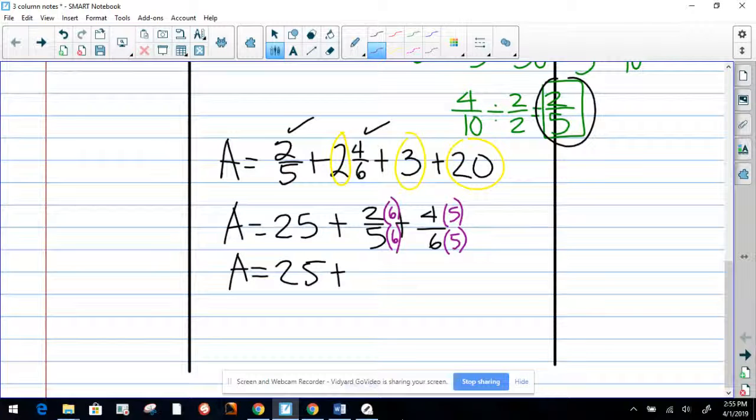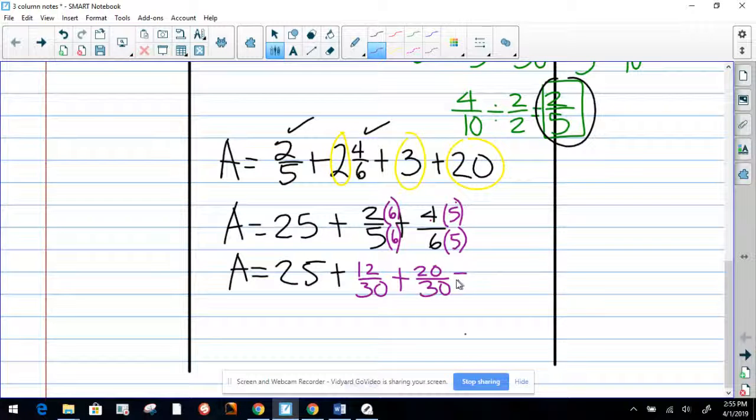So we multiply across. So let's do this. 2 times 6 equals 12, and 5 times 6 equals 30, plus 4 times 5 equals 20, and 6 times 5 equals 30. That makes it easier to add, okay?